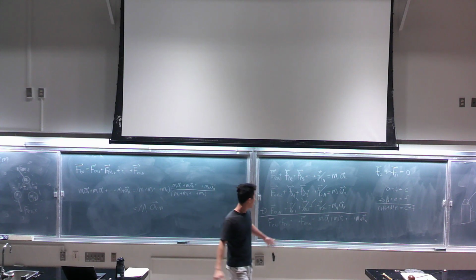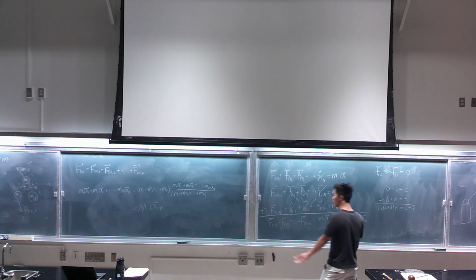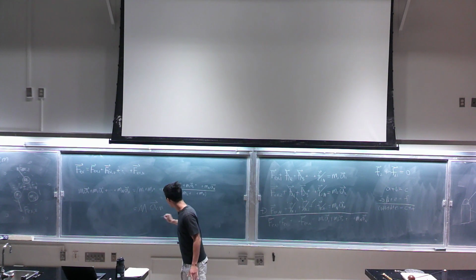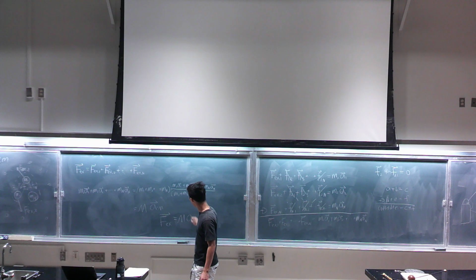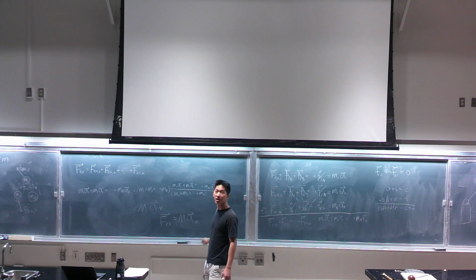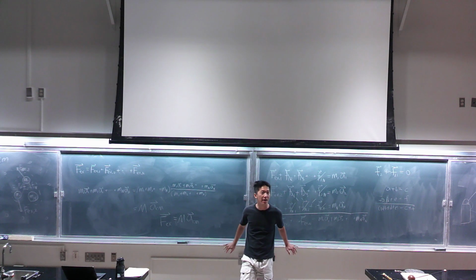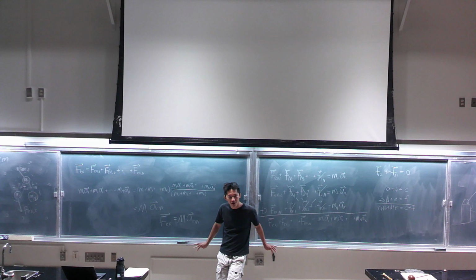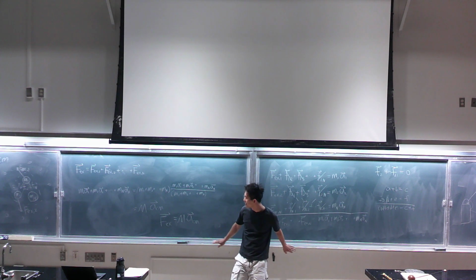So combining left-hand side equals right-hand side, you get back F equals ma. But now the force is not the sum of force on one particle, but the sum of external force on a system. The mass will be the total mass of the entire system, and the problem is this ACM.